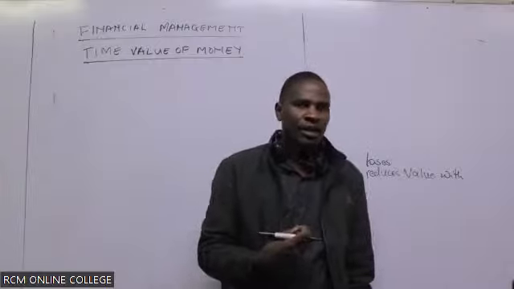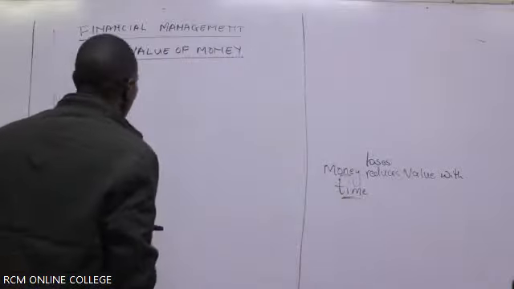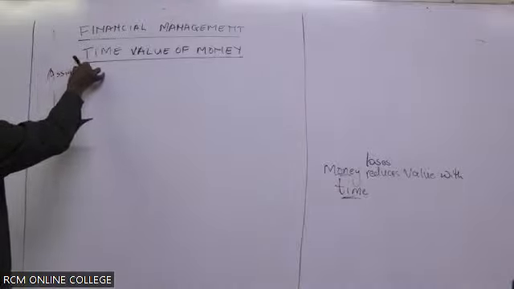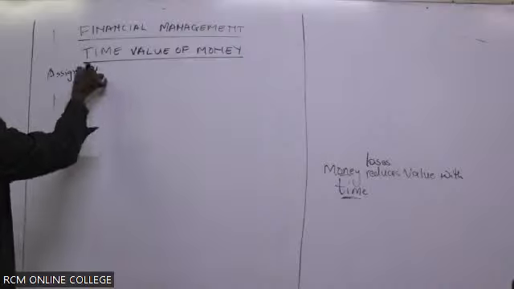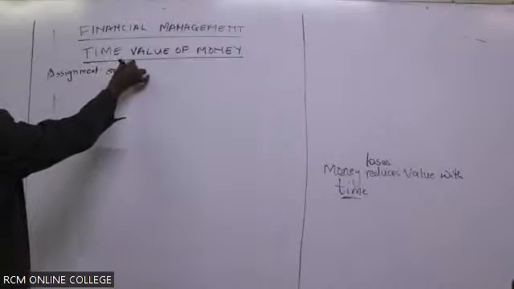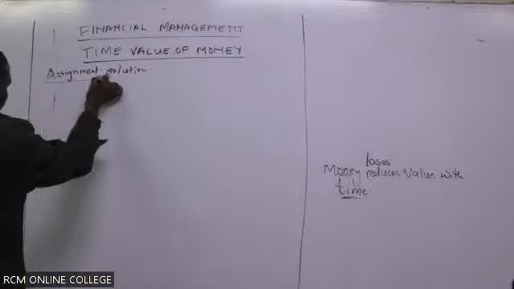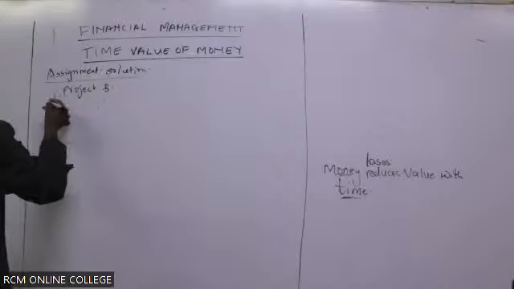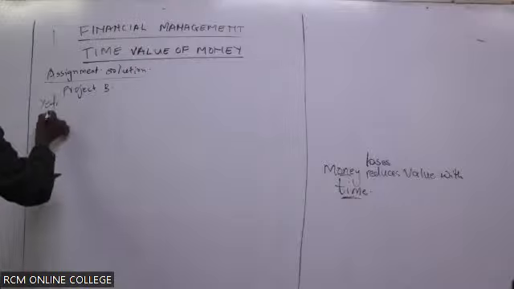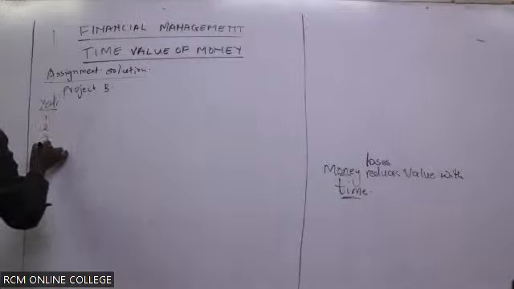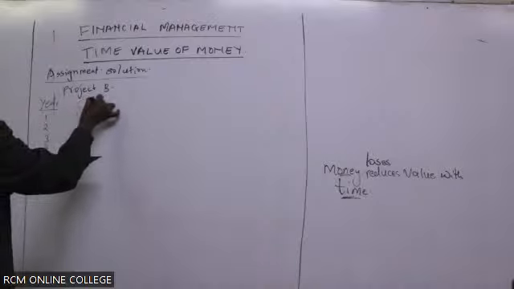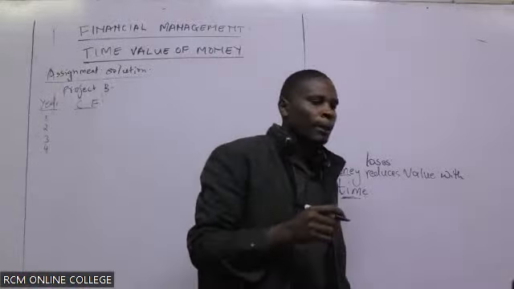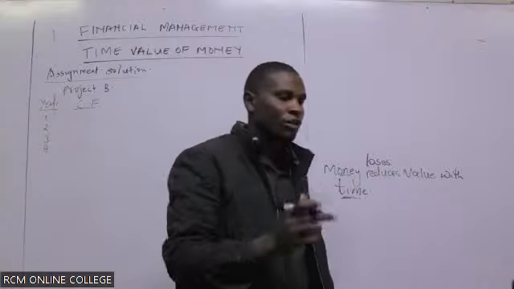Now, we had a question. I want us to first look at some of the assignment solutions. We had a project, with years 1, 2, 3, 4, and I cannot remember the cash flows. Somebody tell me the year one cash flow for this project.